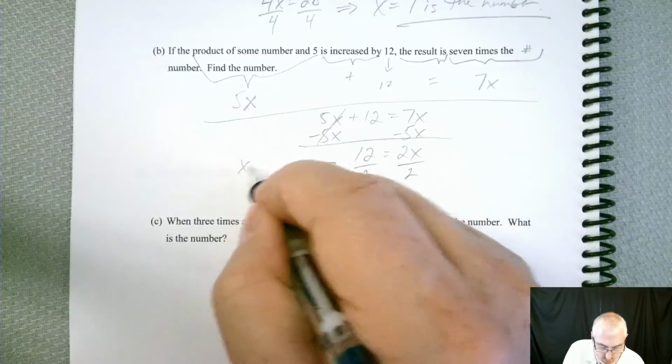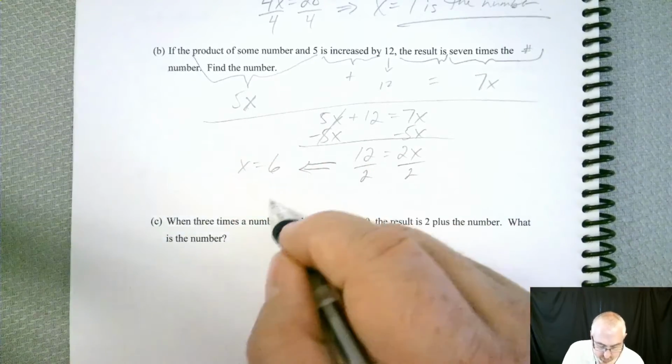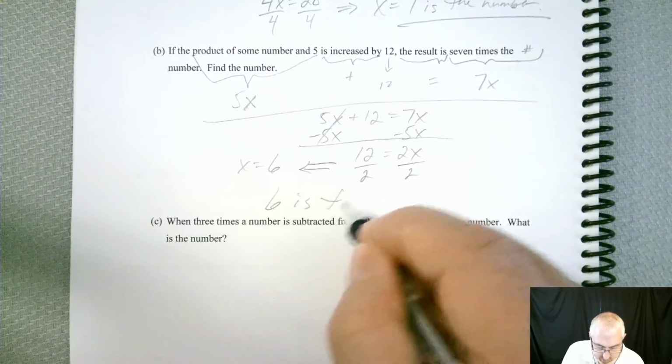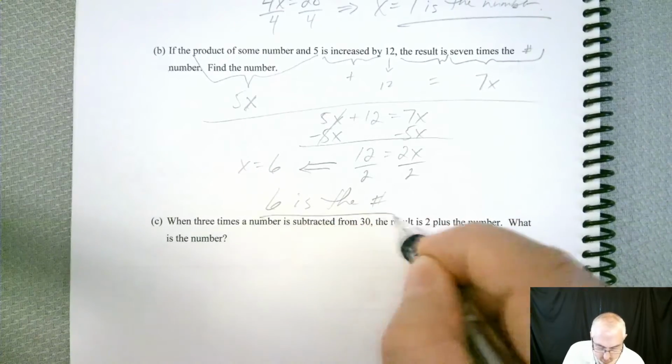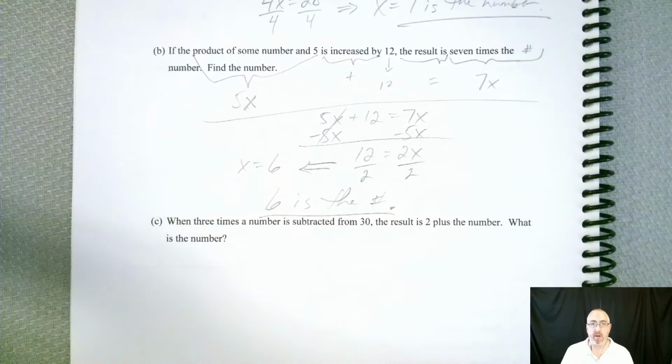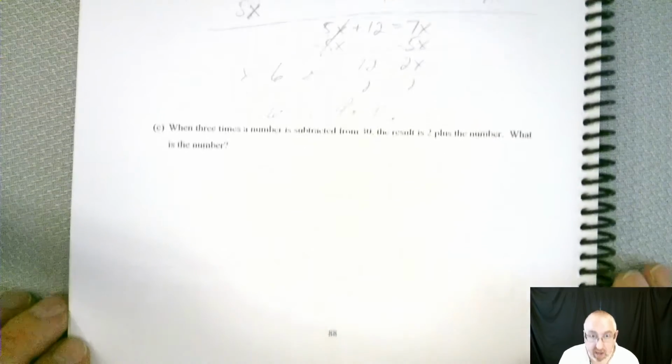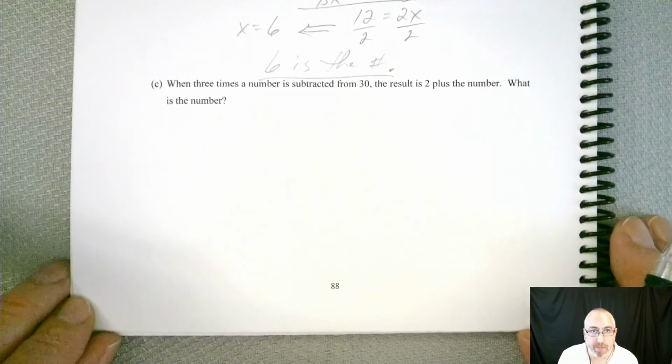So x equals 6, so 6 is the number. All right. Okay, let's try one more of these, and I think you'll have them down, right?